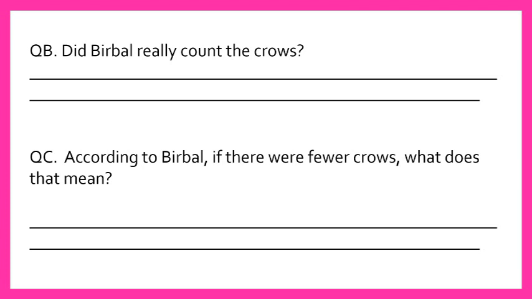Now let us proceed to question C. According to Birbal, if there were fewer crows, what does that mean? Now this text was as it is given in your story. So you should pick up the information from there and try and answer this. According to Birbal, if there were fewer crows, what does that mean? Remember, Birbal quoted a reason for it.